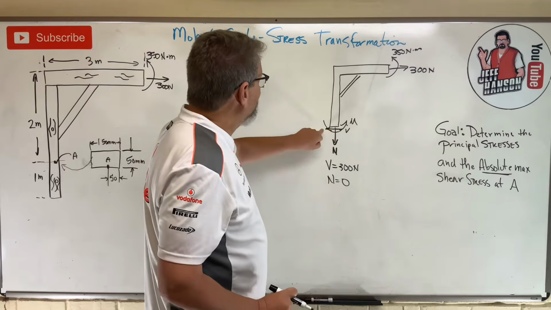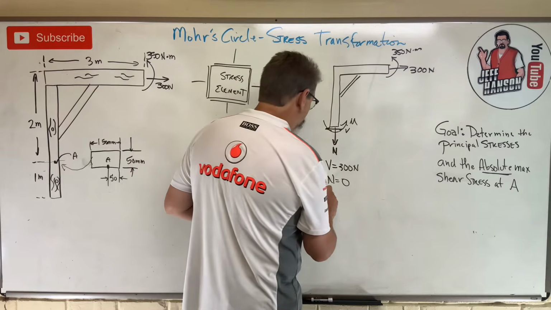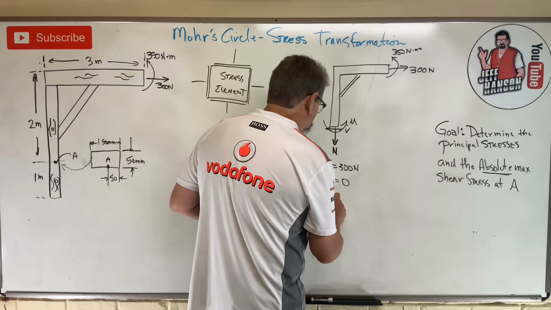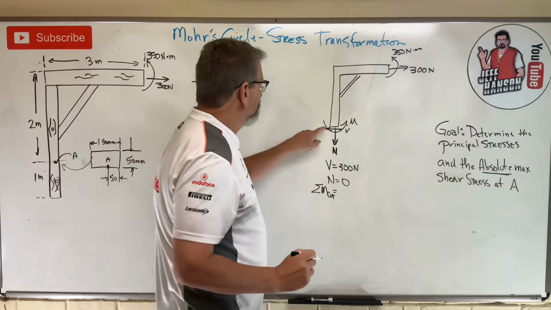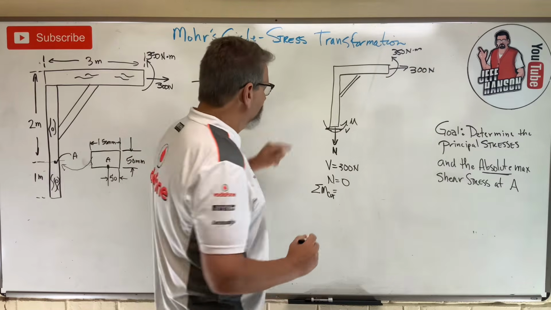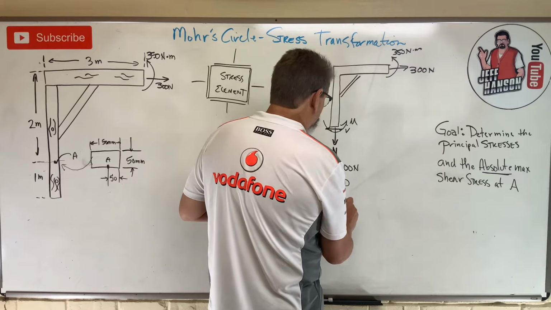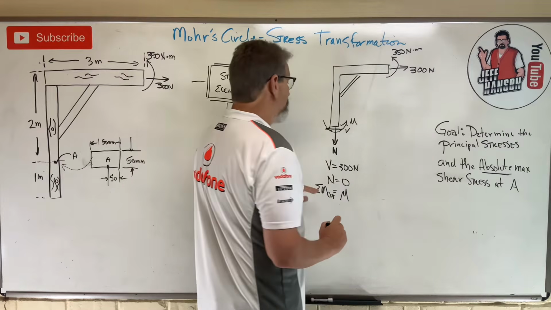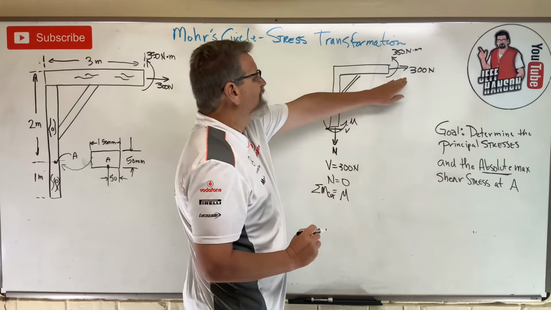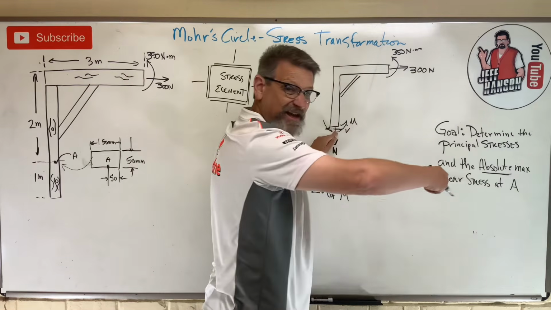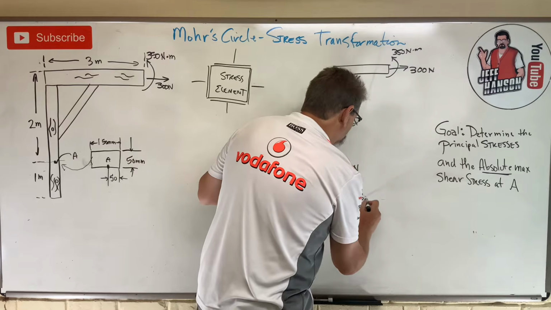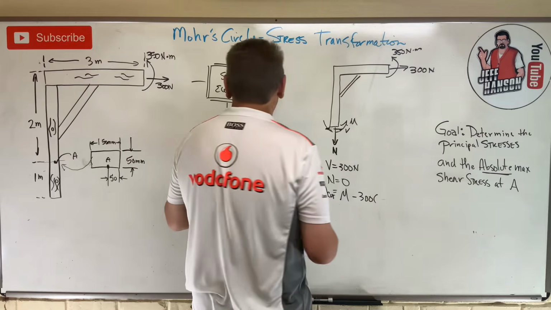All right, let's see. What about M? Can we get M right quick? Sure. Take the moment about the cut. Okay? And what do I have? I drew that moment positive. It's just an assumed direction, isn't it? So I'm going to put M in there, and then I've got the 300, which rotates me negative, right? So minus 300, times how far away?